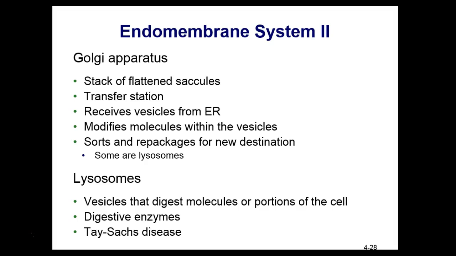It's going to sort them, package them in little vesicles, and send them to their designated locations. Whether it's proteins or lipids, they're going to be transported either to the plasma membrane, or somewhere else in the cell.